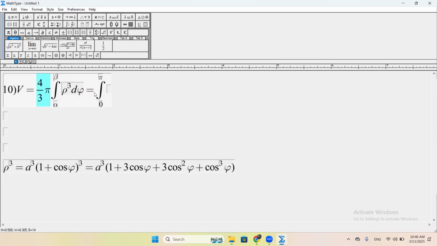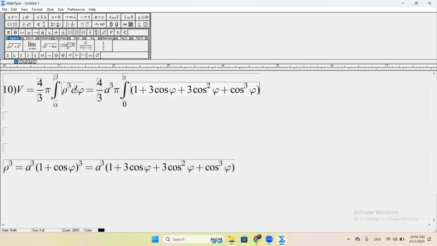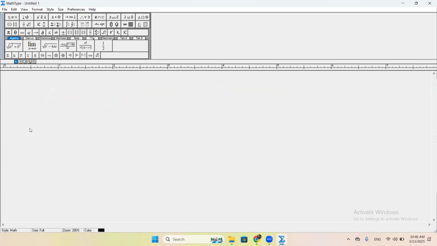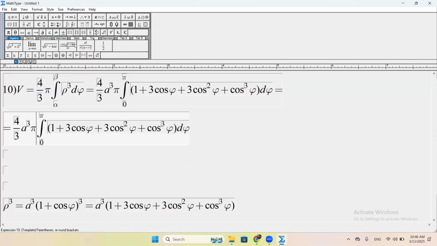This multiplier, don't forget it, and I will also move a cubed out of the brackets, and multiply this expression by d phi. Let's write it as a sum of integrals.